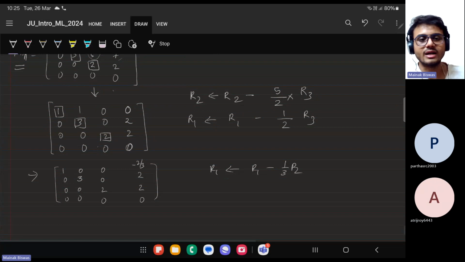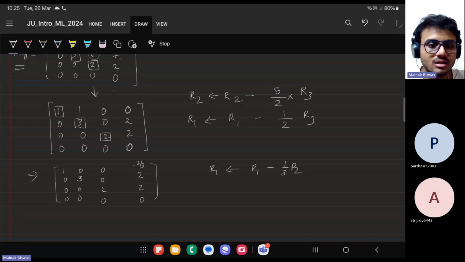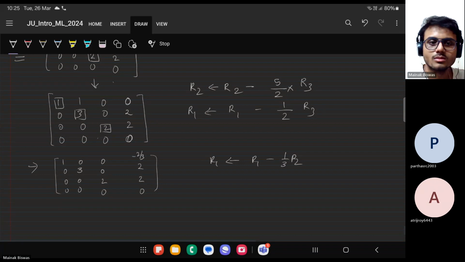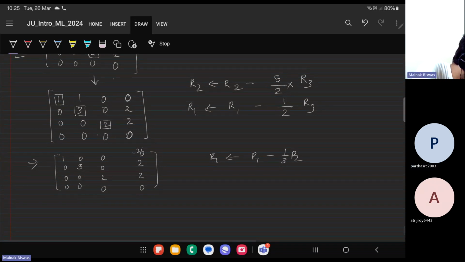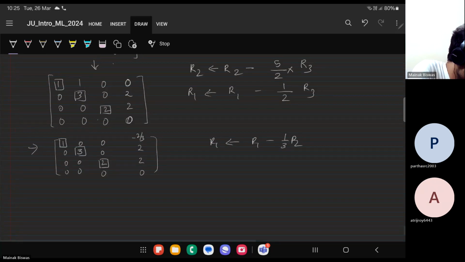Now I am still not done. I want only ones in the diagonals. What will I do? I want only ones in the pivots. Take 3 and 2 common. I will make this 1 and this by 2 by 3, and this will be 1, and this will be 1, right?